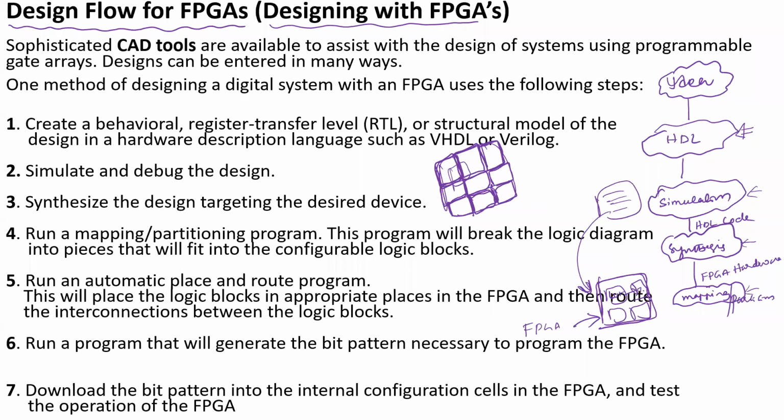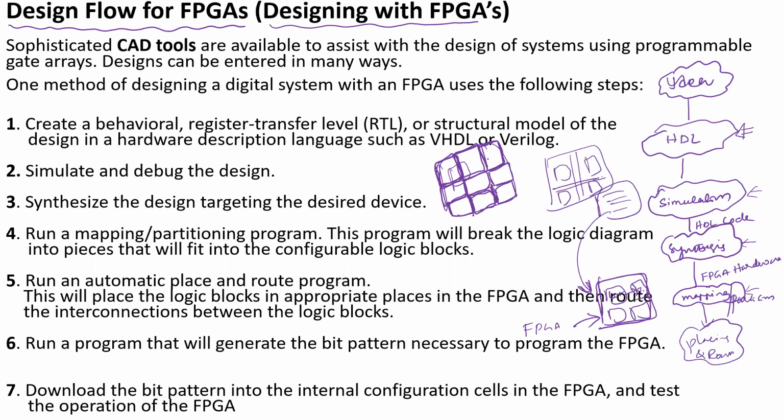Once mapping is completed, then we have to go for placing and routing. The FPGA has different CLBs, and different connections are there, right?